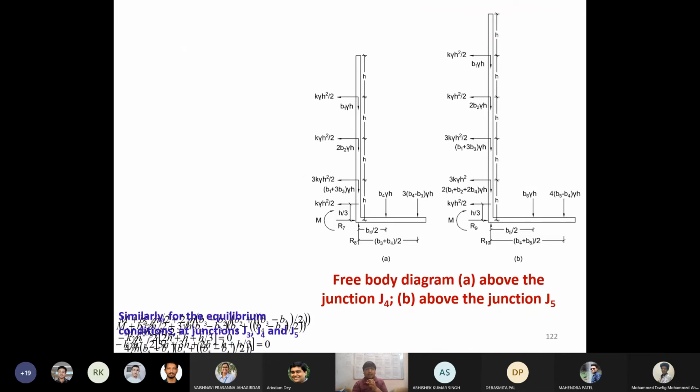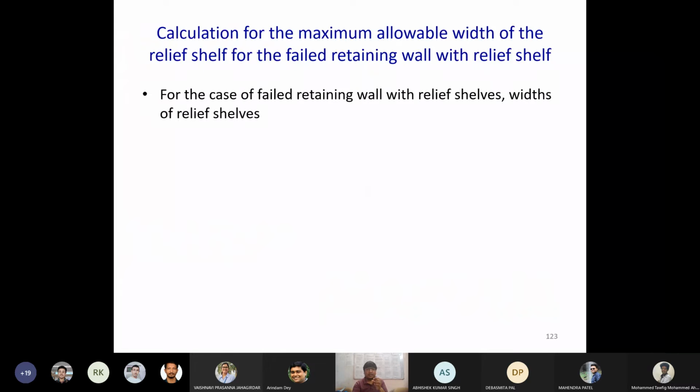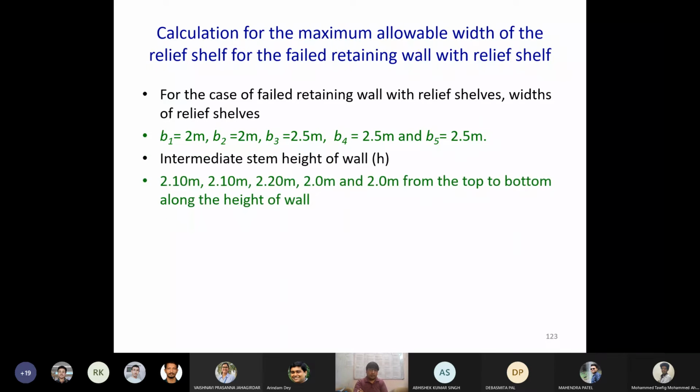So what I have got, I'll quickly show you, the B1, B2, B3 values. This much we noted down. B1 is equal to 2 meter for the upper two walls, and for the other bottom three walls, the recommended width is 2.5 meter.